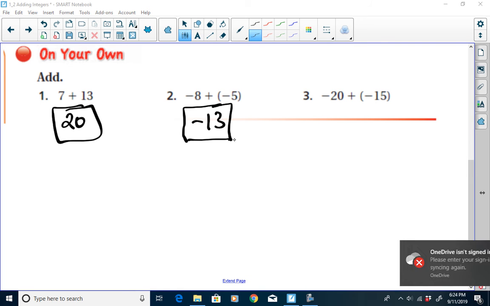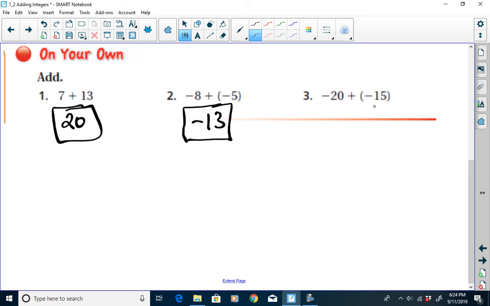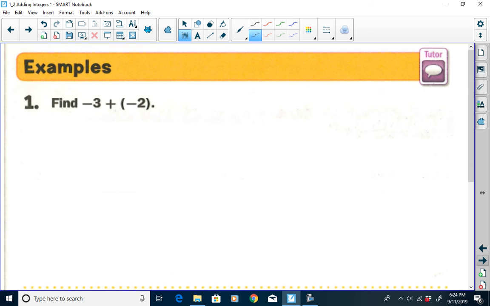All right, our next example. We have negative 20 and negative 15. Once again, the signs are the same, so we add their absolute values. It's going to give me 35, but I keep the sign the same. It's going to be negative, so negative 35 would be the sum of negative 20 and negative 15.